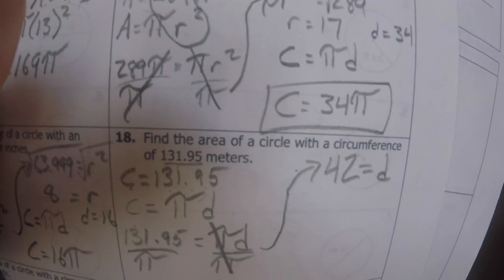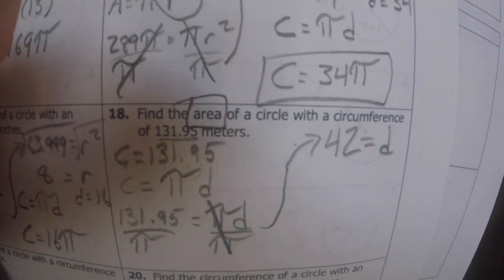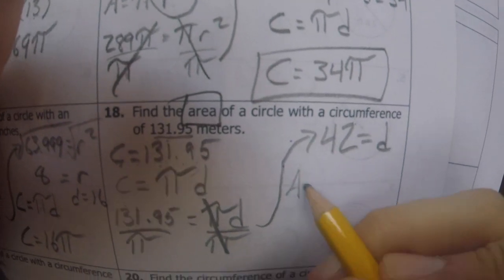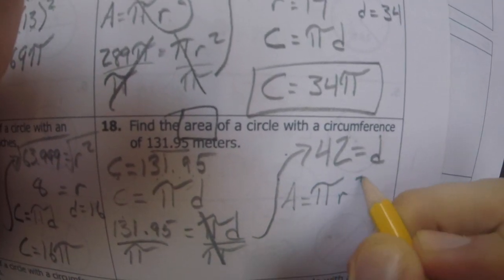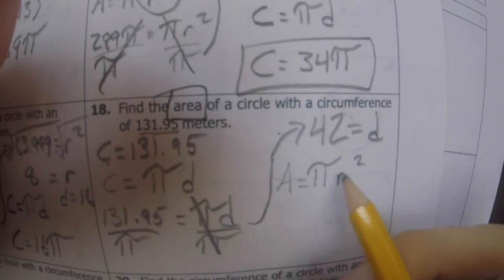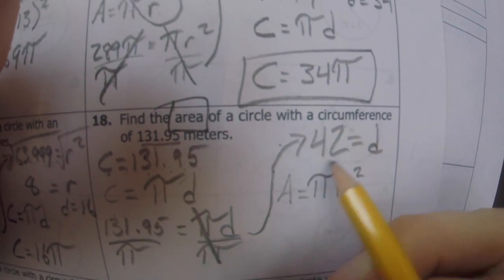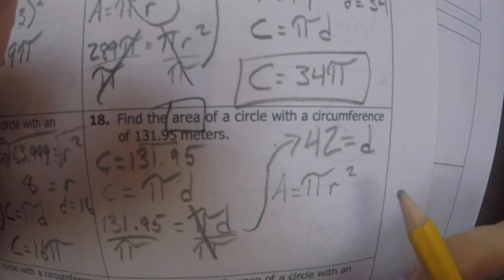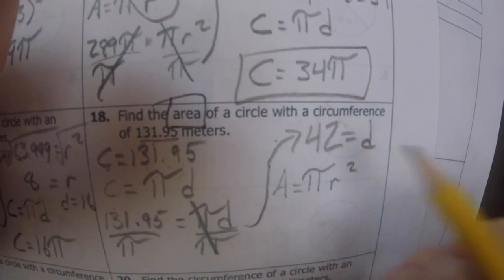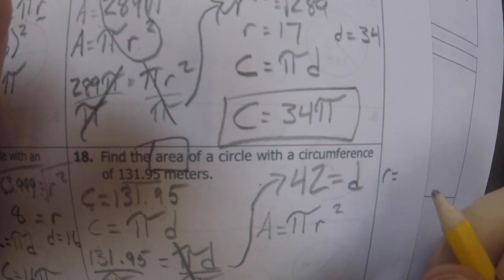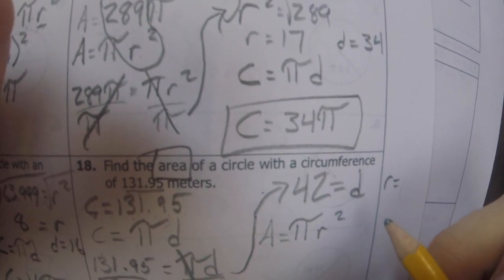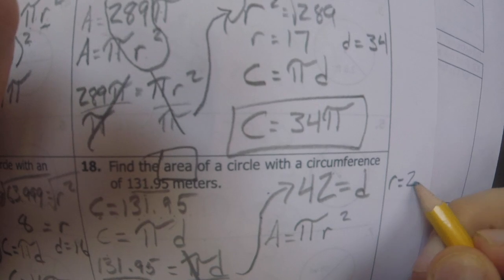And then I'm done, right? No! I gotta find the area. But if I'm gonna find the area, think about what I need. Formula for area is pi r squared. I need a radius. Do I have a radius? No. Can I figure out the radius? Yes. The diameter is 42. That means the radius is certainly half of that. And 42 divided by 2, I think is 21.